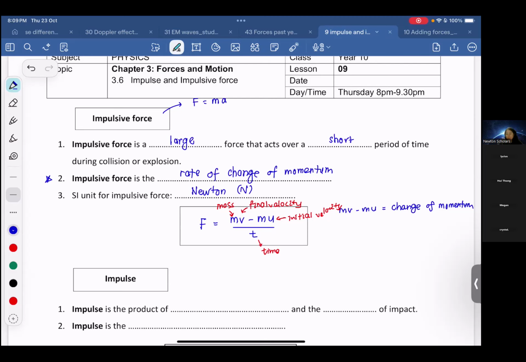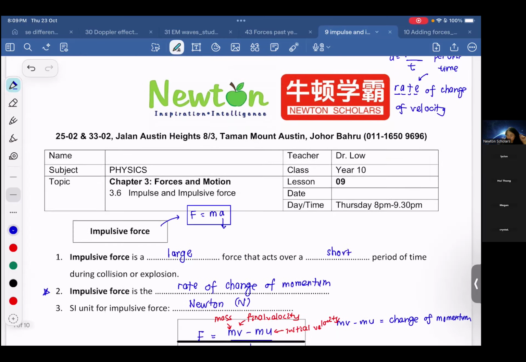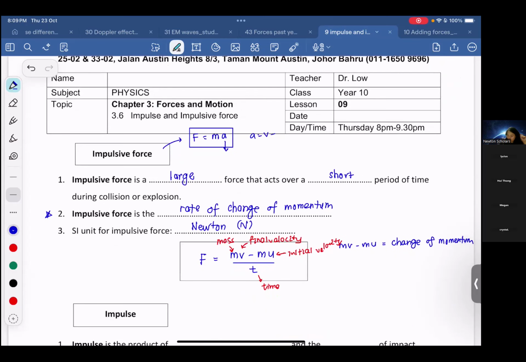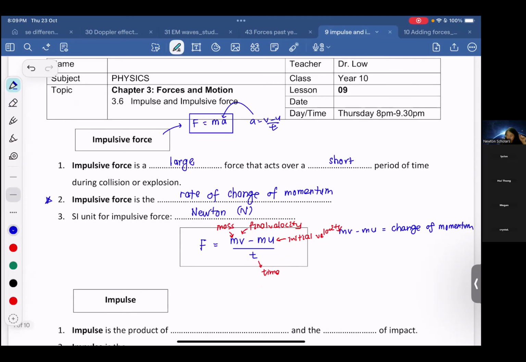Why did I say just now that previously, in Newton's second law, we say F equals to ma? It's actually the same thing as what we learned right now. A is v minus u over t. If I replace this a into F equals to ma, I get mv minus mu over t.